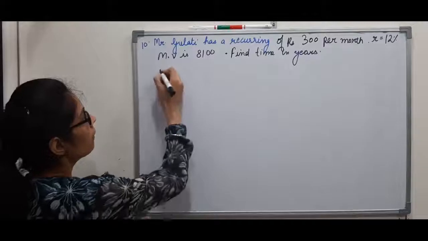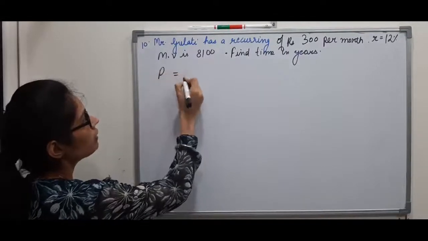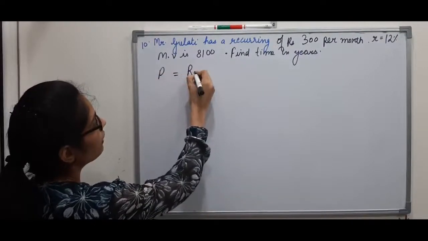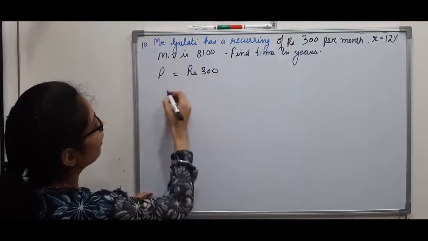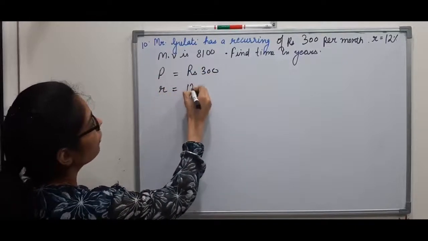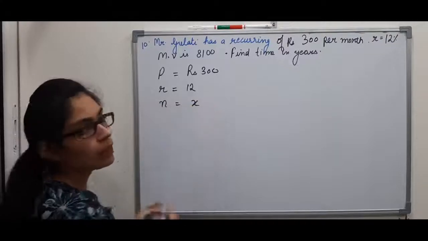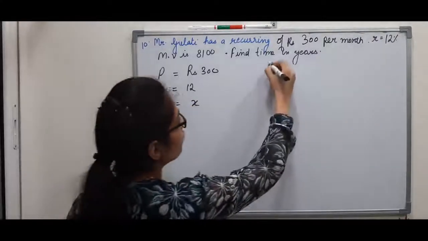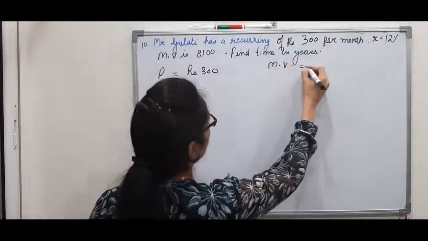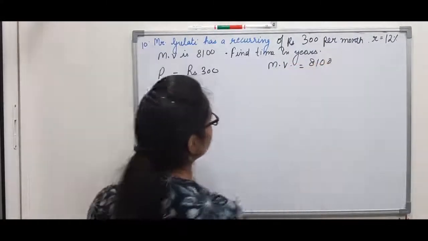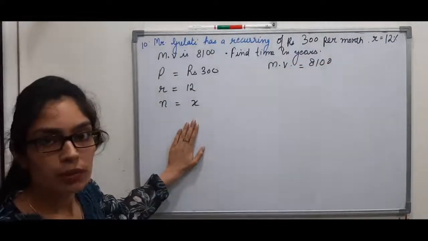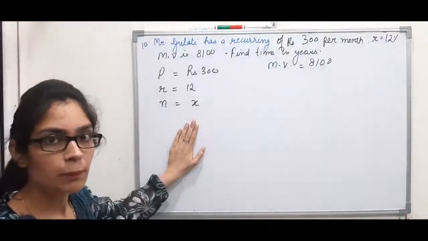Same thing, P is given, rupees 300, R is also given, 12, and N we have to find. So let's assume N equals x, and MV is also given, 8100.